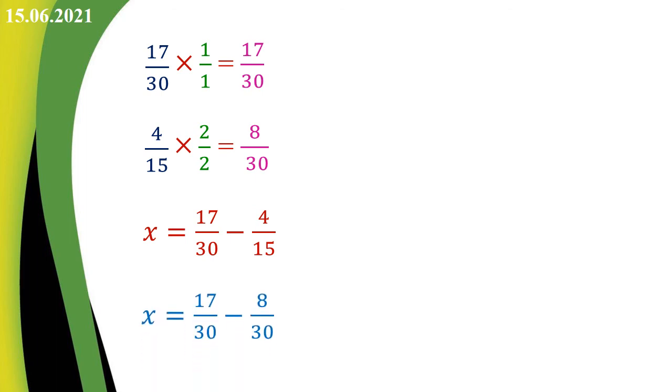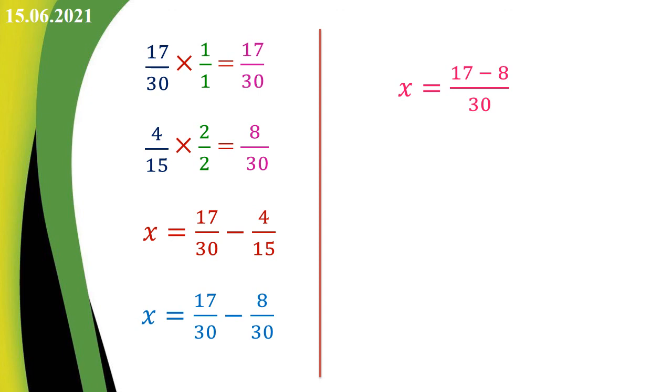Therefore, x equal to 17 by 30 minus 8 by 30. Now subtract the values because the denominators are the same. x equal to 17 minus 8 by 30. 17 minus 8 is 9. So x equal to 9 by 30.